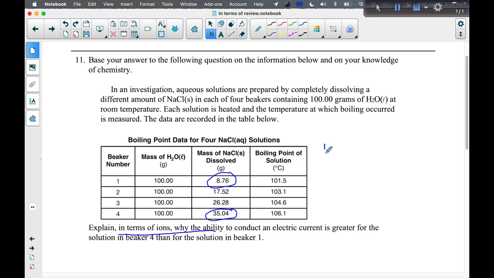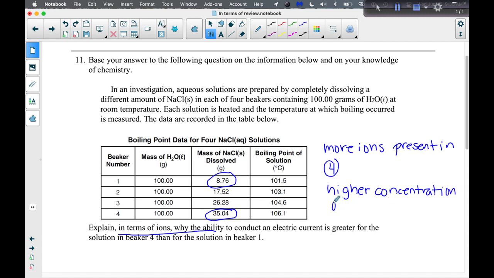That would be because there are more ions present in sample 4, or that there is a higher concentration of ions in beaker 4. Remember, the ions are the charged particles that carry the electricity, so more charged particles means more ability to conduct electricity.